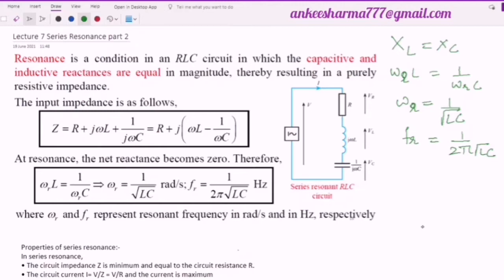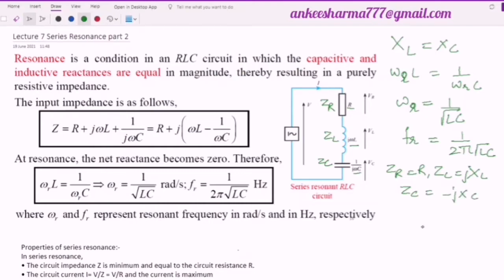Now, if I take the combined impedance Z, because we have earlier discussed that when we have more than one impedance, as over here we have resistance, the reactance of an inductor, and the reactance of a capacitor, these will be represented as ZR, ZL, and ZC, where ZR is equal to R, ZL is equal to j XL, and ZC is equal to minus j XC.